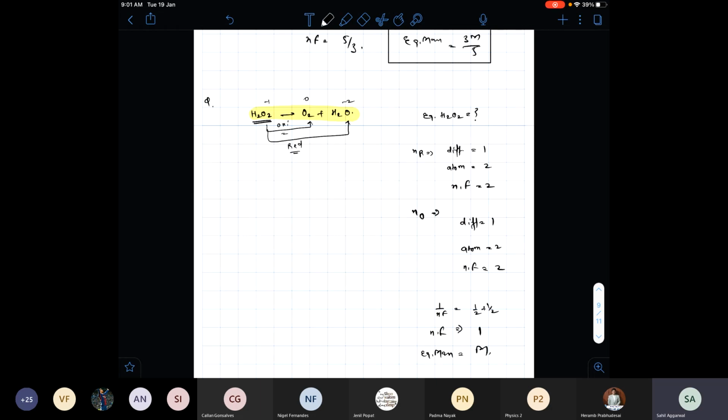All of you understood N factor and equivalent mass?